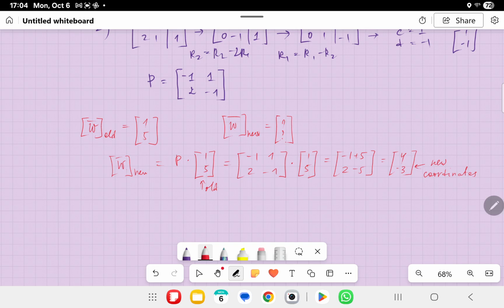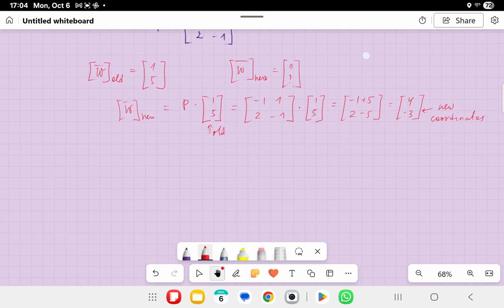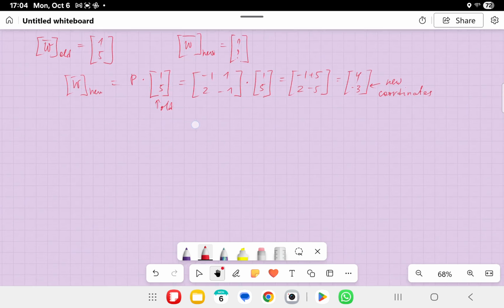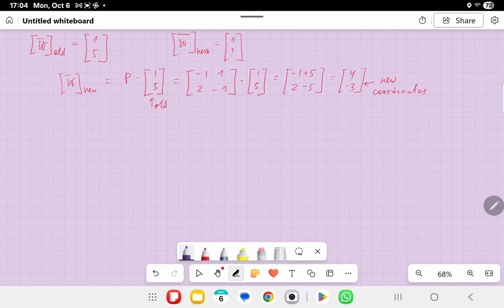Well, since our equation for coordinates looks this way, new coordinates equals matrix B by old coordinates. What is going to happen if I multiply this expression by the inverse matrix on the left?